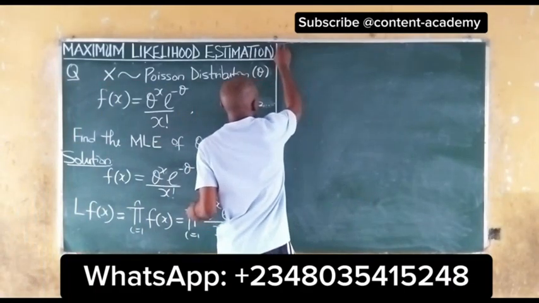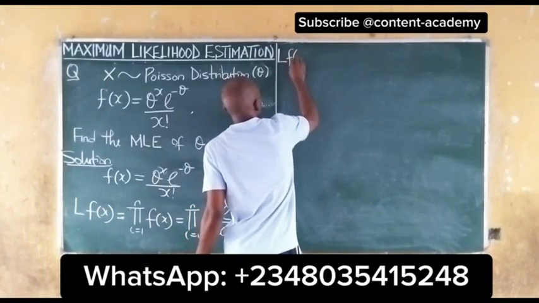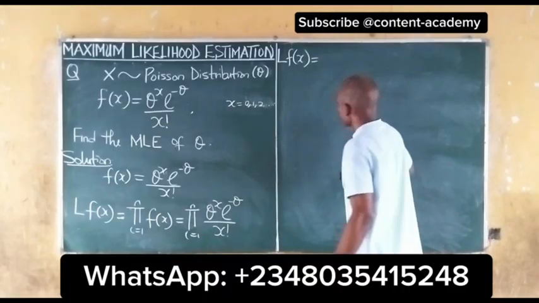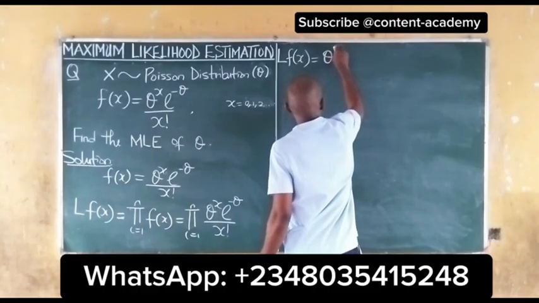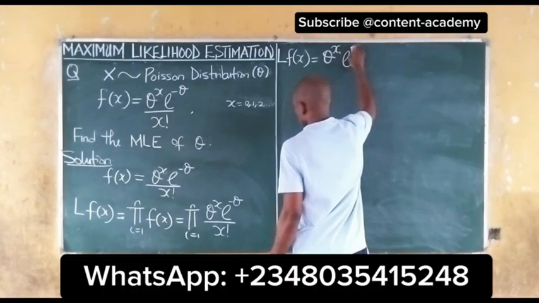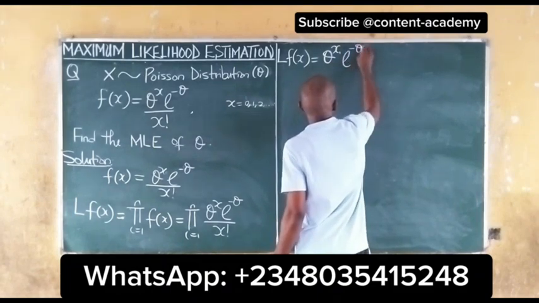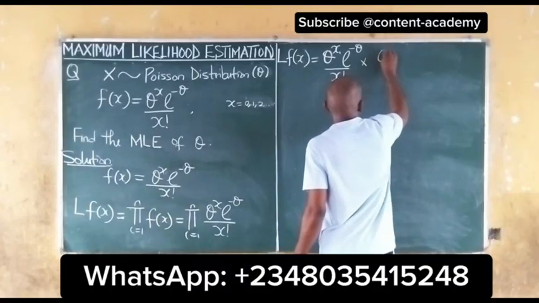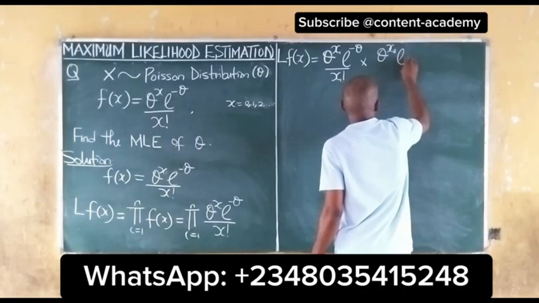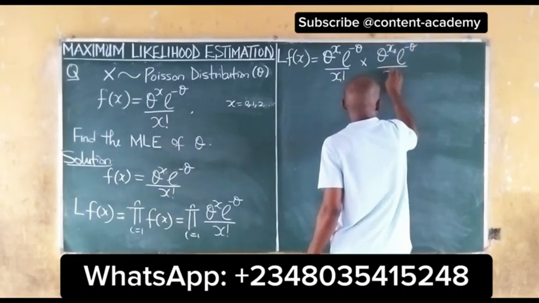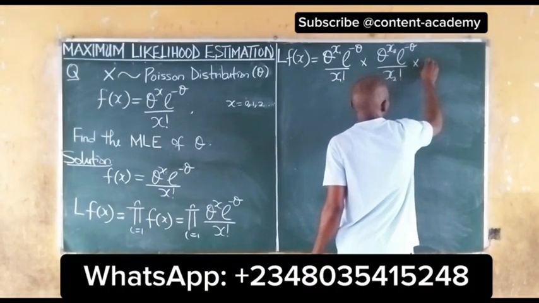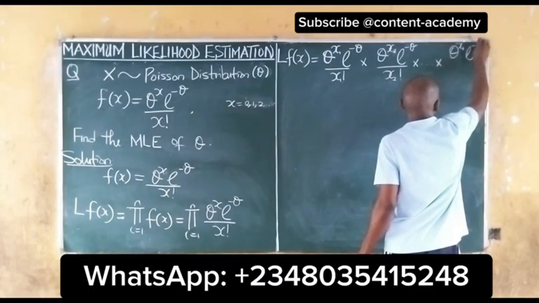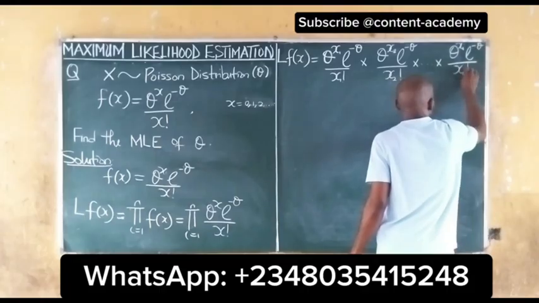So the product can be written as, if you take the product of this distribution, that means the Poisson distribution, the first one will be theta^x1 e^(-theta) all over x1 factorial, multiplied by theta^x2 e^(-theta) all over x2 factorial, multiplied by, it continues like that to give us theta^xi e^(-theta) all over xi factorial.